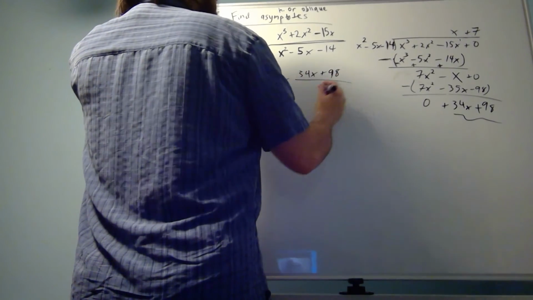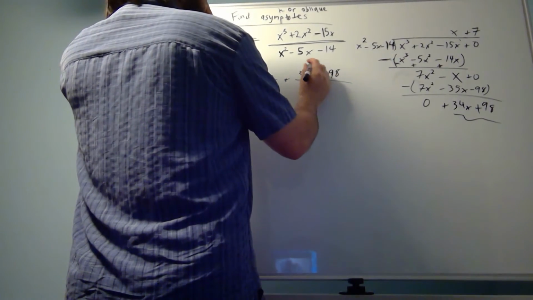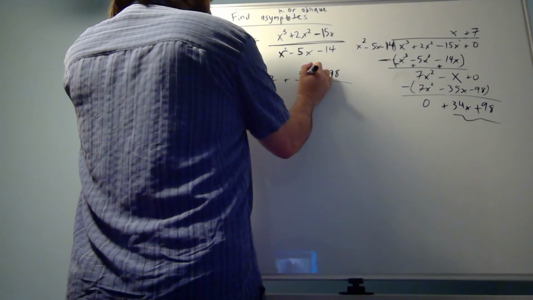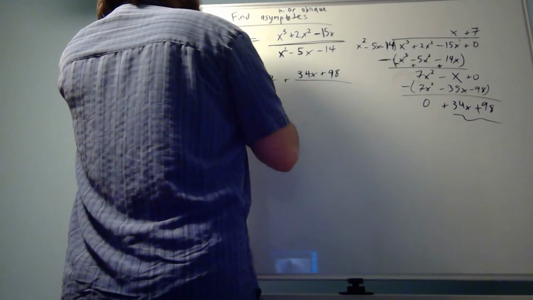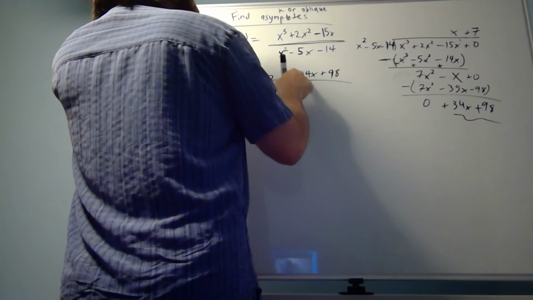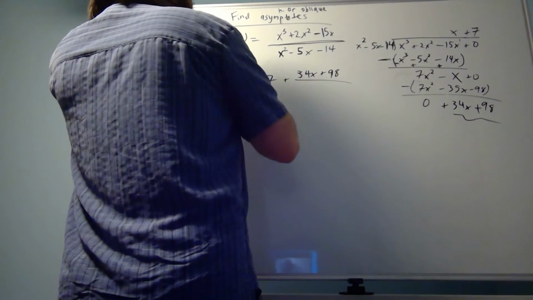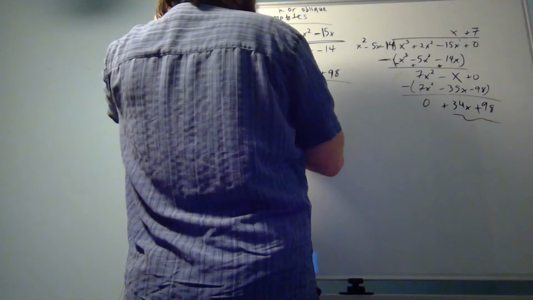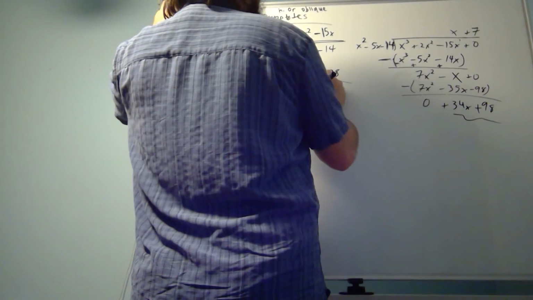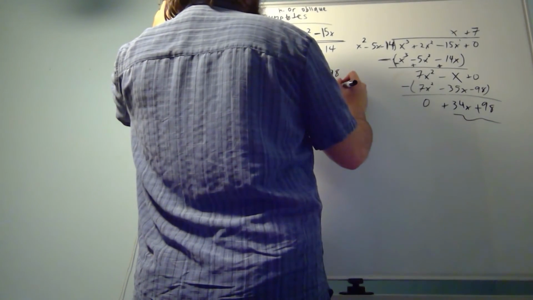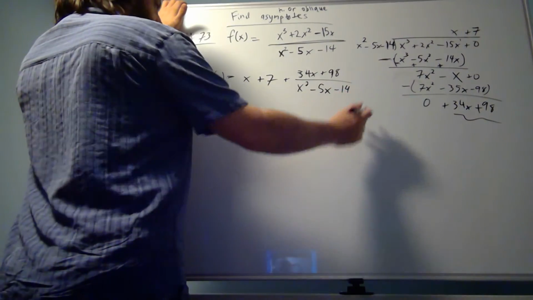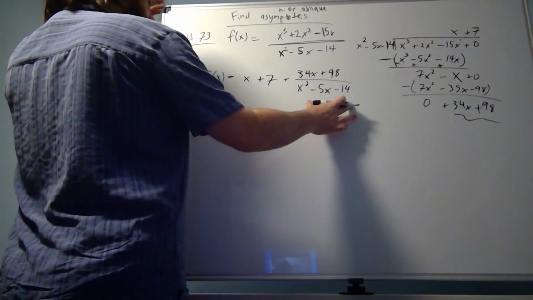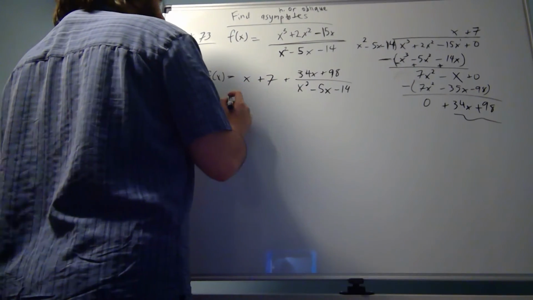The whole goal is that the remainder is always of lower degree than the denominator, because if there were highest degree stuff left over, it would have ended up accounted for over here. So now we've got a proper fraction. The denominator is bigger, so this is negligible when x is large. When x is large, this is tiny, and then you get basically x plus 7.